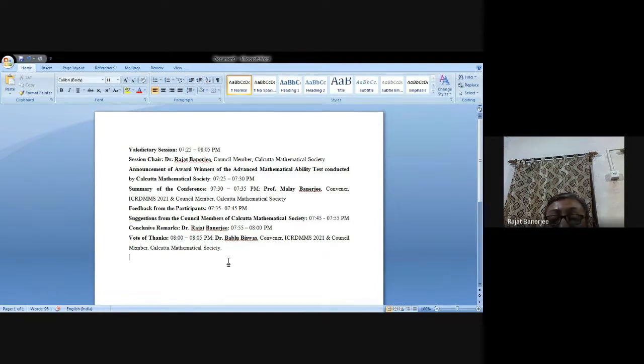We are planning to publish some of the manuscripts after peer review in our esteemed journal, the Journal of Calcutta Mathematical Society or Bulletin of Calcutta Mathematical Society. We will inform the procedure later. Most of the contributory papers dealt with new concepts, which is quite appreciable.